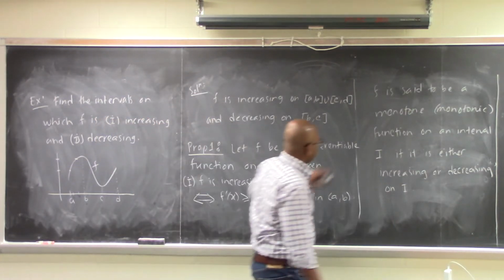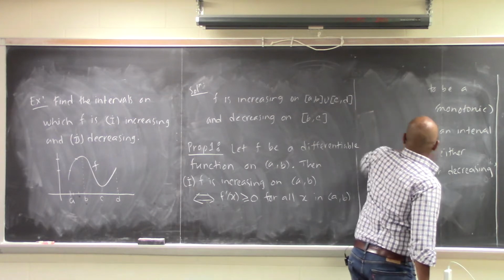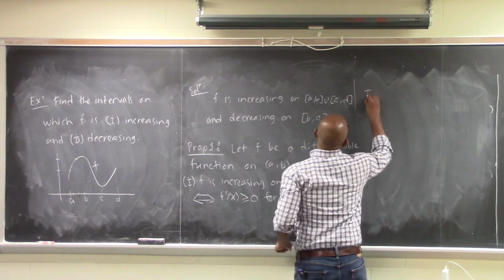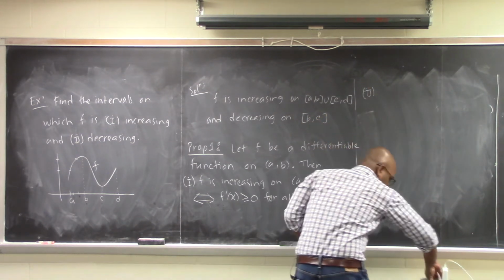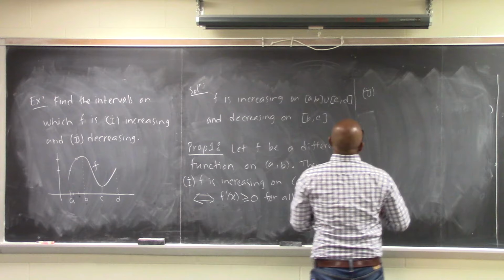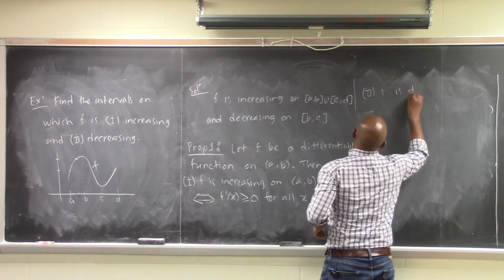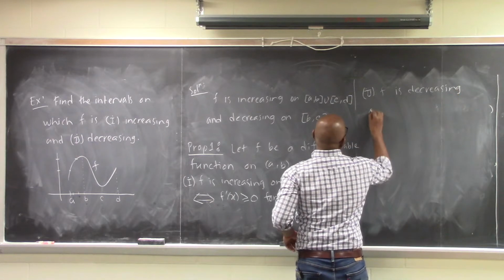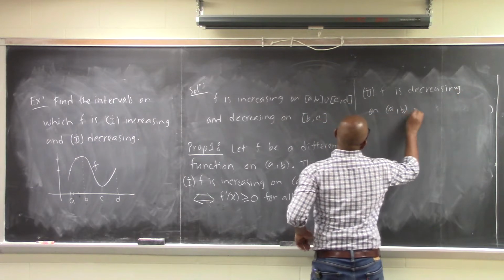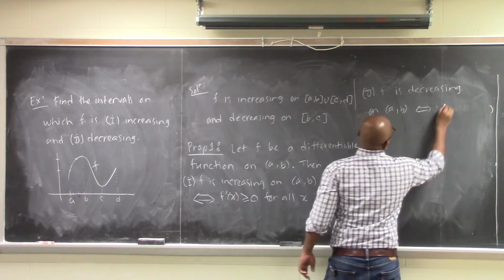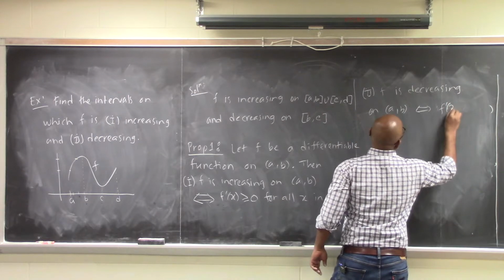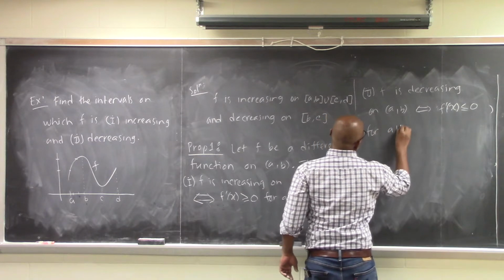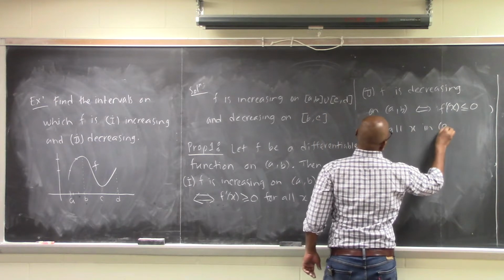Okay, so part 2 is this: f is decreasing on AB if and only if f prime of x is less or equal to 0 for all x in AB.